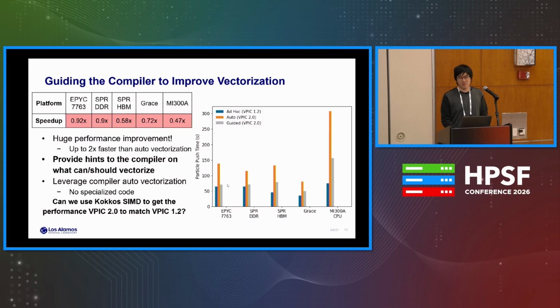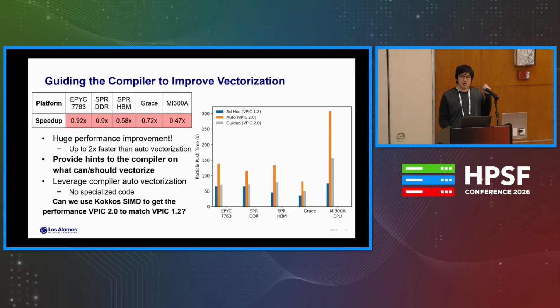I was very impressed that the compiler got this far. The table on the top left essentially shows the comparison versus the auto-vectorization using the best case. So pretty close to parity for some, still pretty bad for others. But going forward, if you don't necessarily want to spend the effort of SIMD vectorizing your code, just giving it a few hints and breaking things up can get you pretty far in a lot of cases.